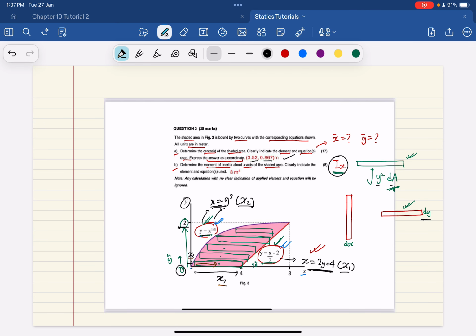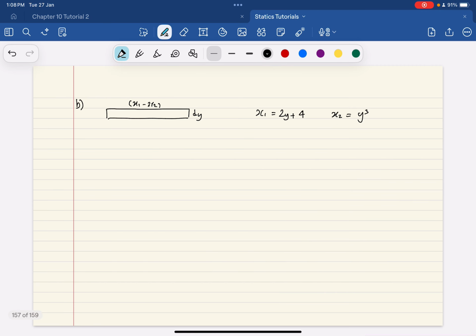So if I'm not mistaken, our moment of inertia formula was what? Ix equals the integral of y squared dA. So what is our dA? So our dA is just simply x1 minus x2 dy, which is just simply 2y plus 4 minus y cubed dy.